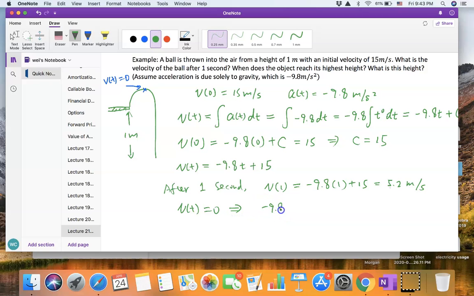So we solve this equation negative 9.8t plus 15 equals 0. So t equals 15 over 9.8.